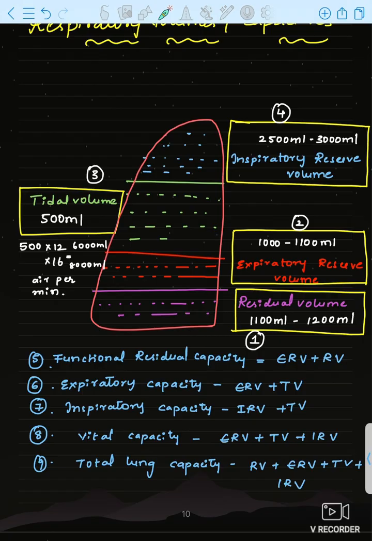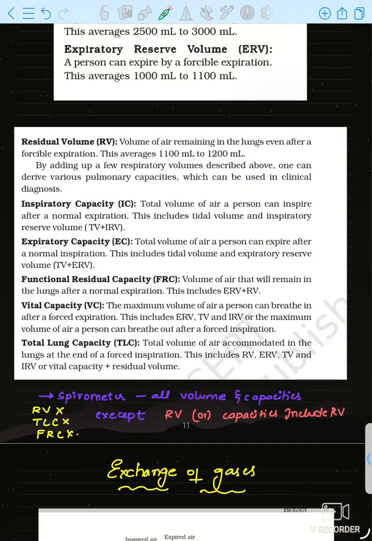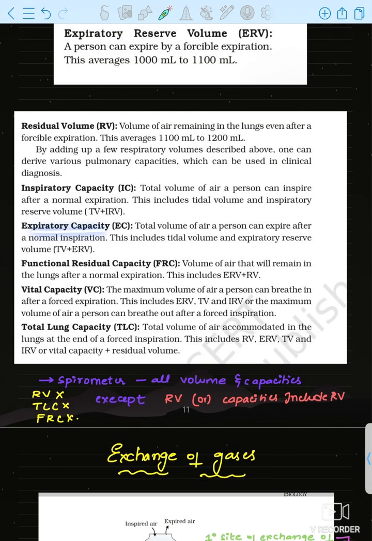First of all, some air is inspired, then only we can do normal expiration and then forceful expiration. That is what they are saying here. Expiratory capacity is total volume of air a person can expire after normal expiration, that is tidal volume and expiratory reserve volume. Okay, I think it's clear.